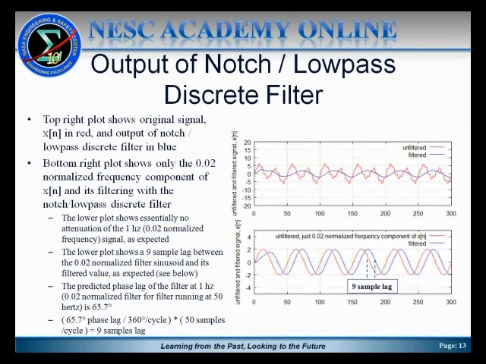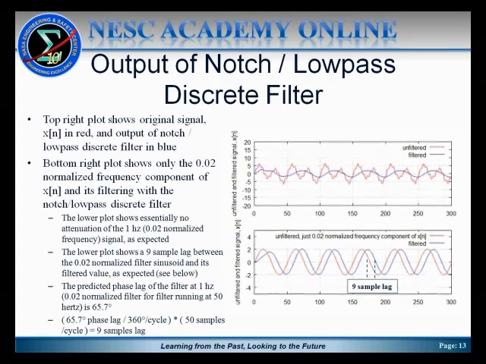You do see some phase lag between the two signals, so there's a time shift in the results. If you look very carefully, you can actually compute that phase lag as 9 samples of the data, where again we're sampling at 50 hertz or 50 samples per second. And you can compute the predicted phase lag.